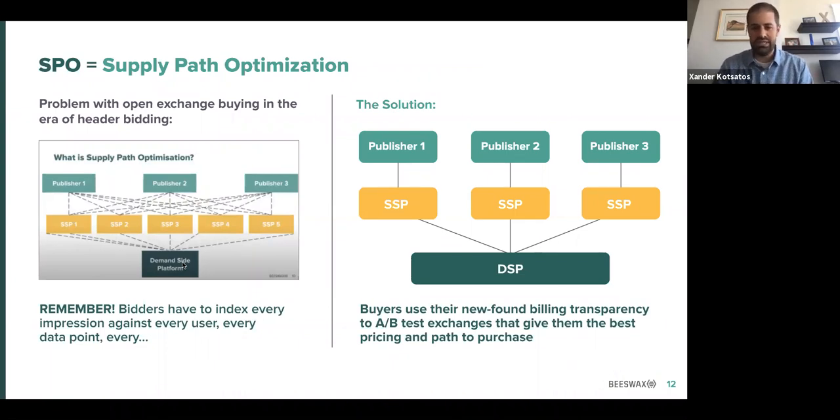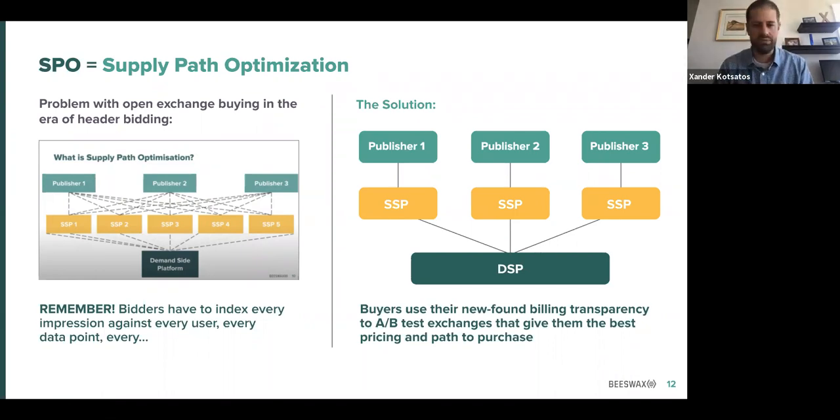Now remember, DSPs' biggest cost is indexing supply objects and demand objects. So this balloons their supply objects, and if you start filtering, you might actually be filtering down impressions that are duplicates, right?